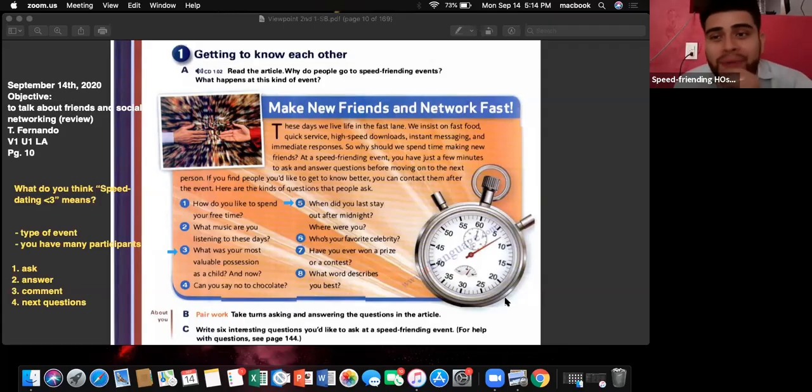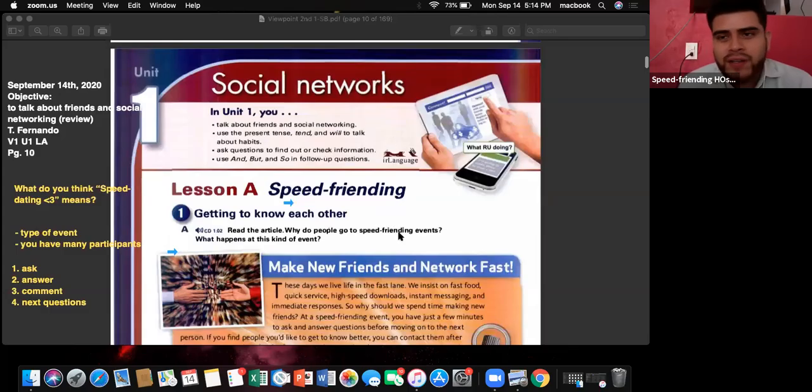Network means to have a connection with people. In this case, our topic is social networks. So social networks means to have connections with your friends, with your coworkers, with people.